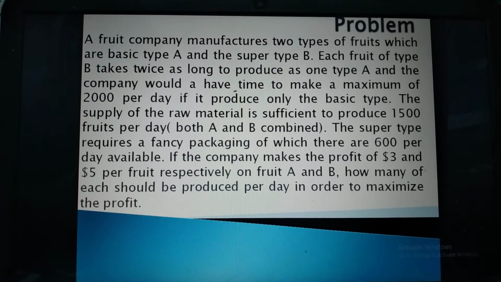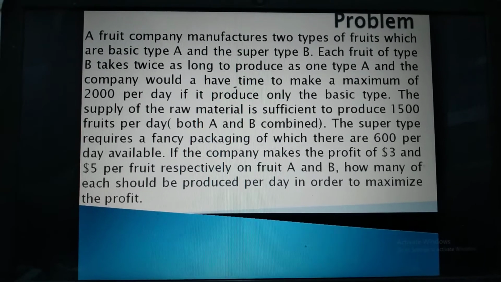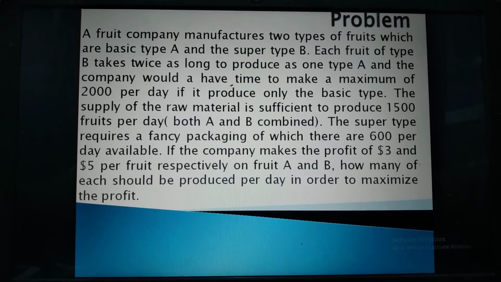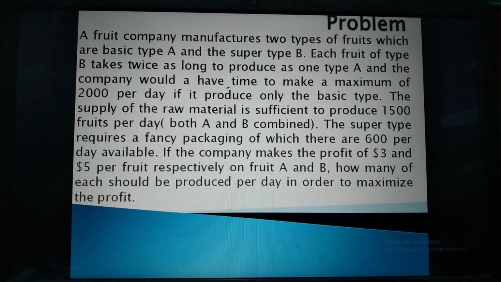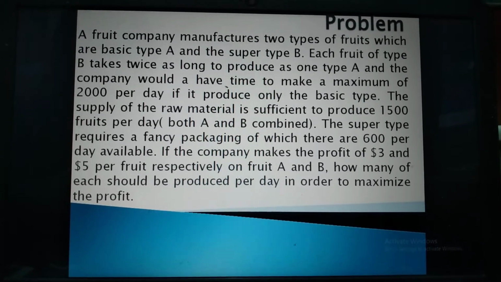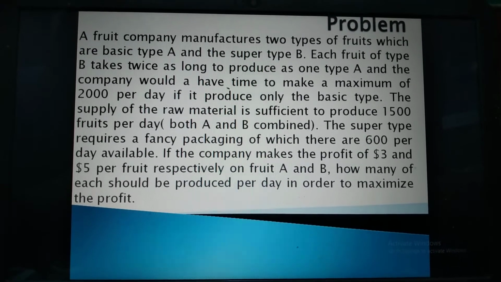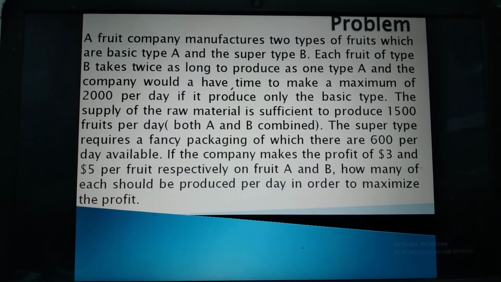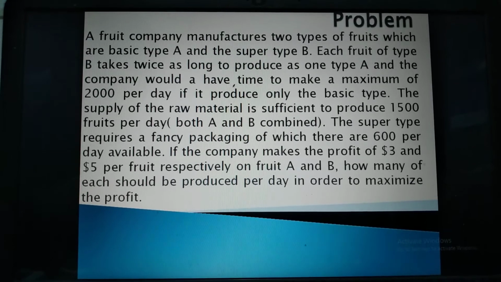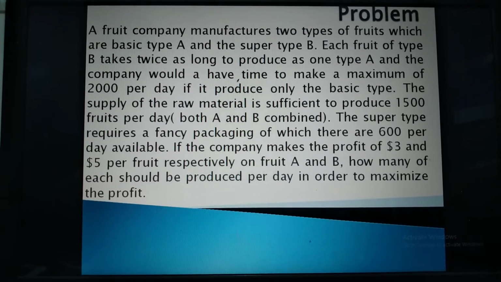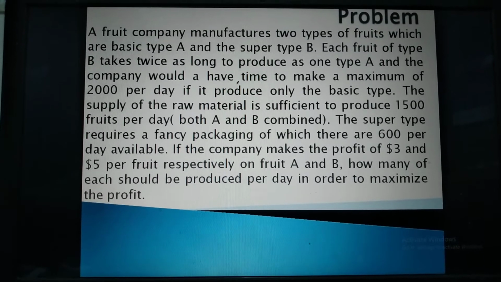A fruit company manufactures two types of fruits, which are basic type A and super type B. Each fruit of type B takes twice as long to produce as one type A, and the company will have time to make a maximum of 2,000 per day if it produces only the basic type.